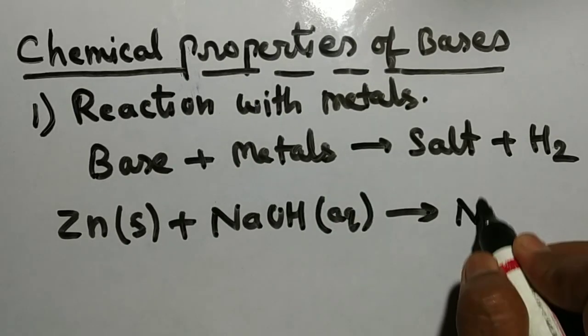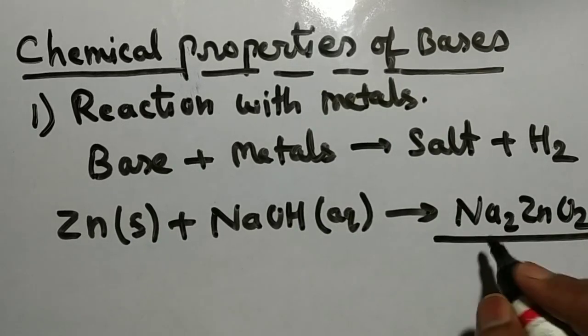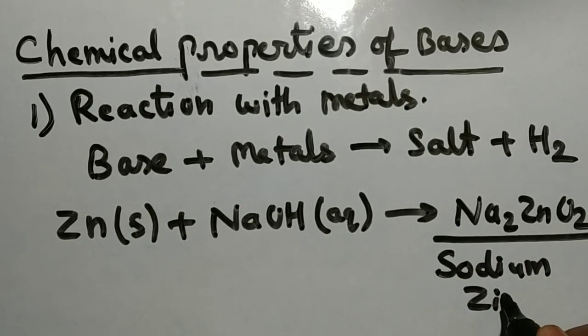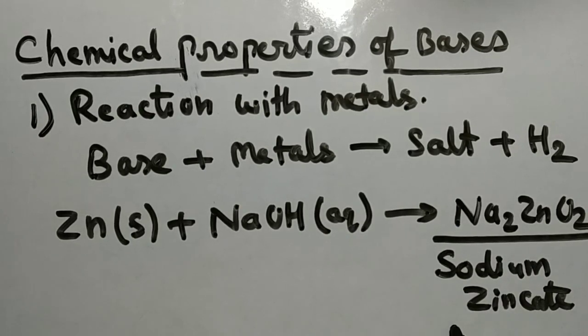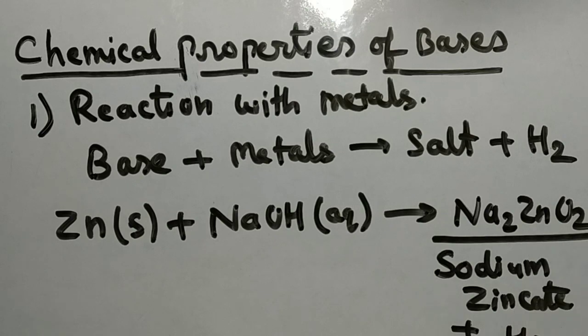So the answer will be Na2ZnO2. Remember this, the name is sodium zincate, along with the evolution of hydrogen gas. So zinc, when it reacts with NaOH, forms Na2ZnO2 along with H2 gas.